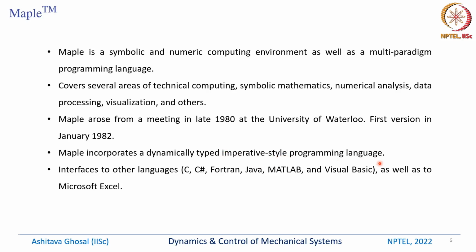Basically you'll have a command prompt, and if you type, you can ask it to find out what it means or what it evaluates. Maple also has interfaces to other languages, C, C#, Fortran, Java, MATLAB, and various other languages. And it can also integrate with Microsoft Excel.